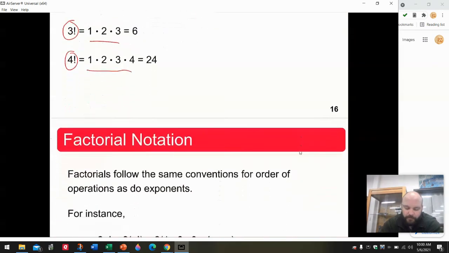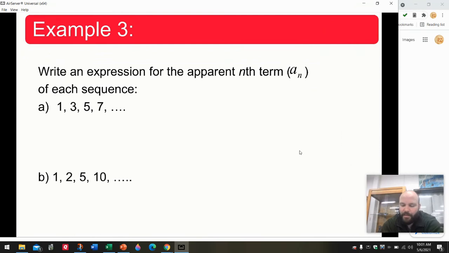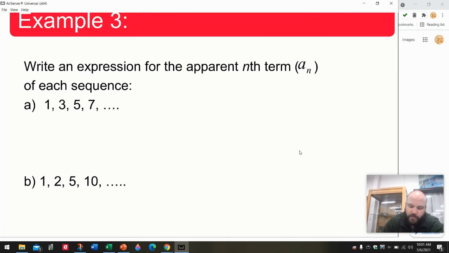So this says write an expression for the apparent nth term, a sub n, of each sequence. The first way to do this is to start by labeling each one of these. I'm going to call this a sub 1, a sub 2, a sub 3, and then a sub 4.